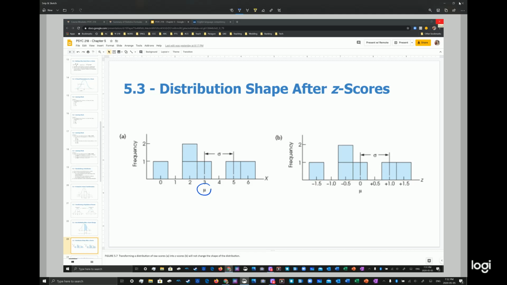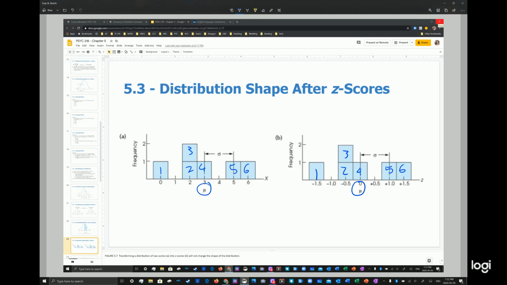Notice here, again, the shape doesn't change. All the blocks are the same. If I were to do the blocks again, 1, 2, 3, 4, 5, 6, it's the same shape. The scores don't move. We are relabeling the scores. The shape is exactly the same, but we're measuring the scores by standard deviations, so the values on the x-axis change.